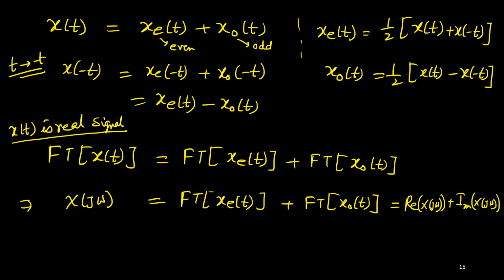So the Fourier transform of real and even will be real and even again, and this one will become imaginary and odd. But the main thing is that this is a real function and this is a purely imaginary function.